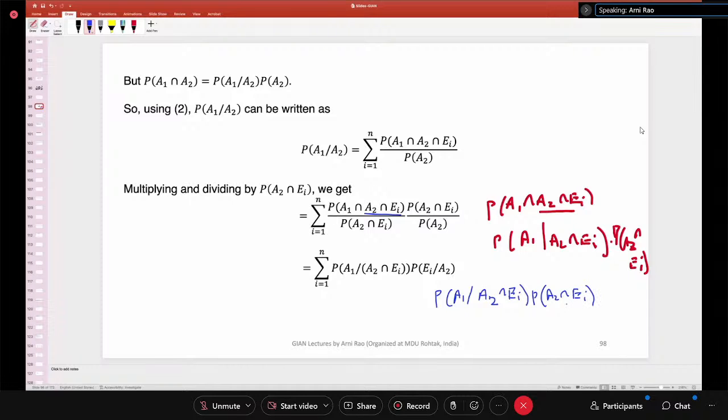Here is a small algebraic trick: instead of considering A2 intersection EI, I consider EI intersection A2. That becomes the probability of EI given A2 multiplied by the probability of A2.